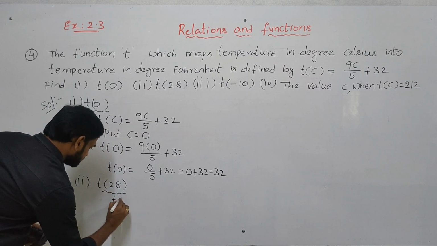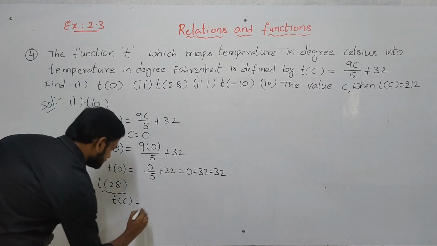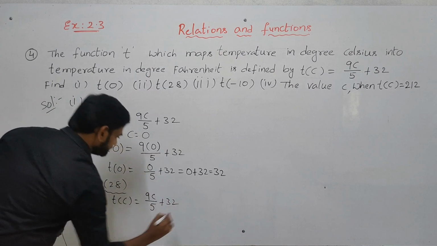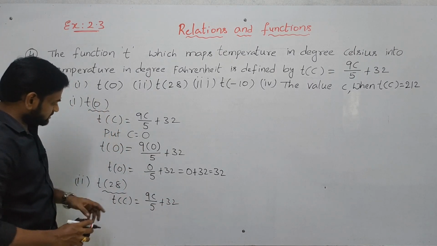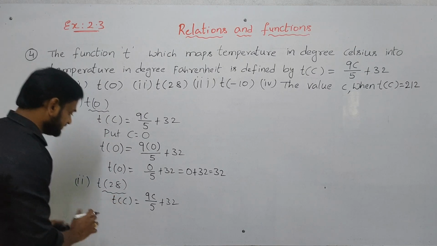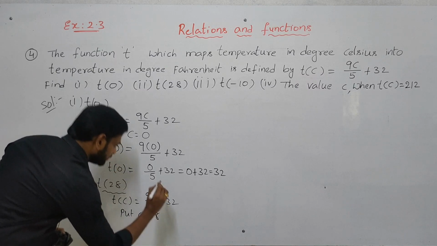Here t of c is 9c by 5 plus 32. Now check once here, what is the c value? The c value is 28. So put c equal to 28.